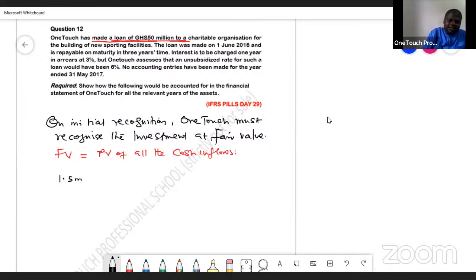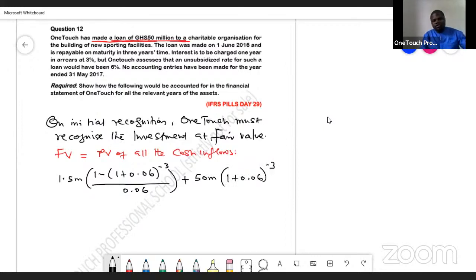We discount using the effective rate, that is the correct rate, the unsubsidized rate of 6%. So 1.06 to the power of -3, for 3 years, and they will pay the redemption value of 50 million too. So this is the present value.